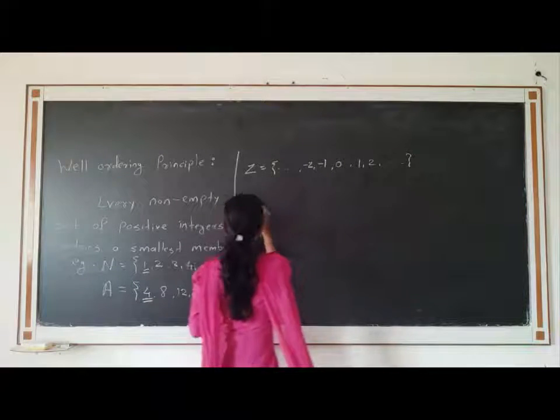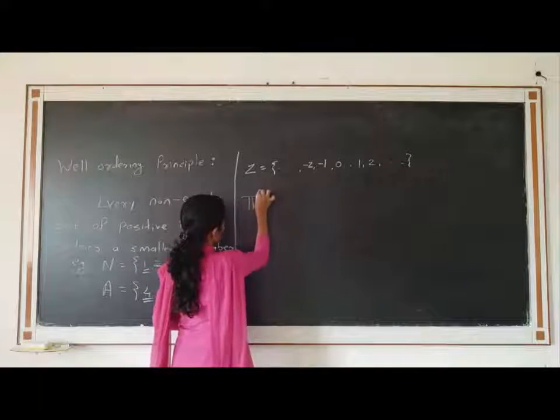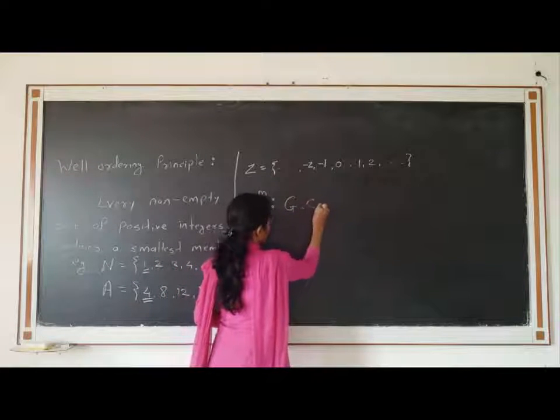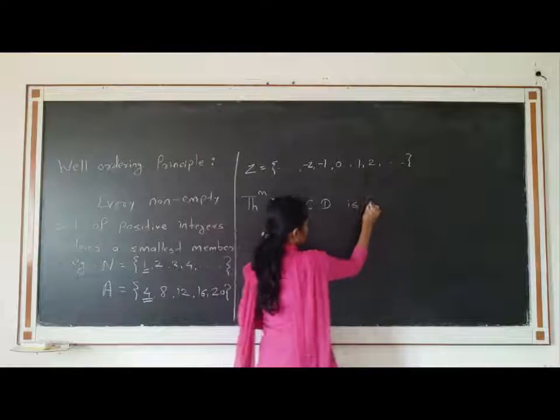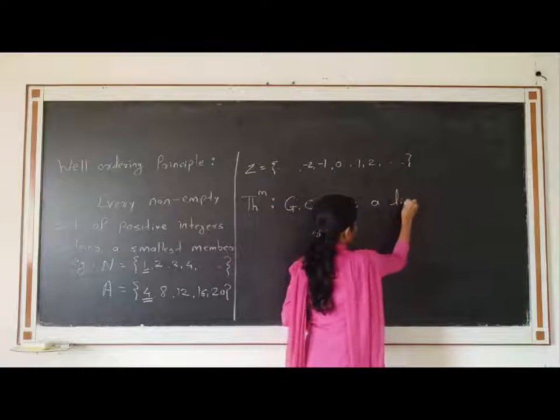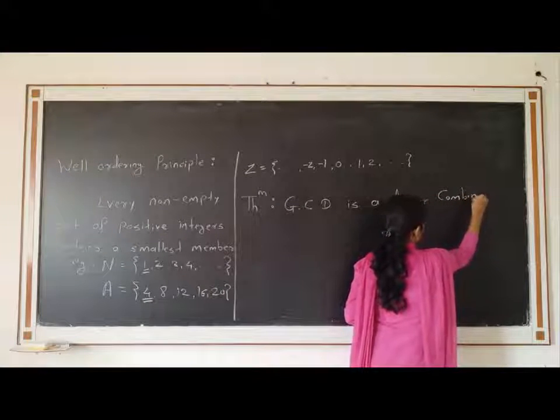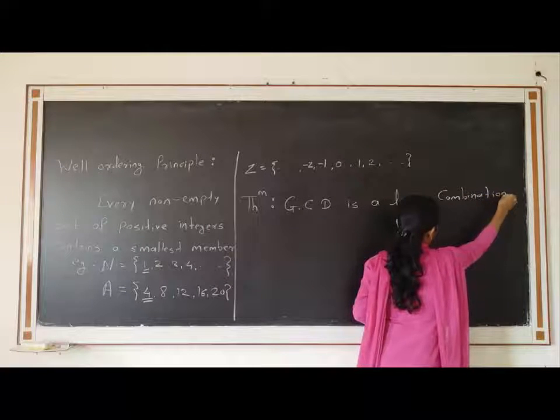Now next point, GCD is a linear combination. Theorem. GCD is a linear combination.